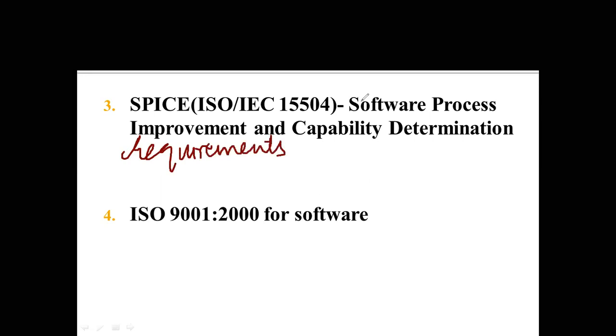The intent of SPICE is to assist the entire organization in developing and evaluating any defined software process. That is, how many software processes are being developed and how you're going to evaluate all of these software processes. That is the help of using SPICE.